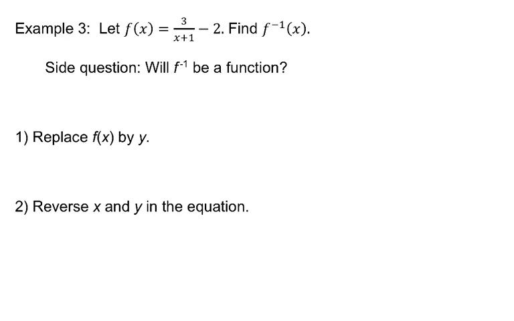This one you might recognize as a rational function. In particular, it is going to resemble in shape, if you look at the graph, y equals 1 over x, but the x plus 1 will cause a shift in the horizontal direction, and the minus 2 will cause a shift in the vertical direction, and the 3 on the top will create a stretch.